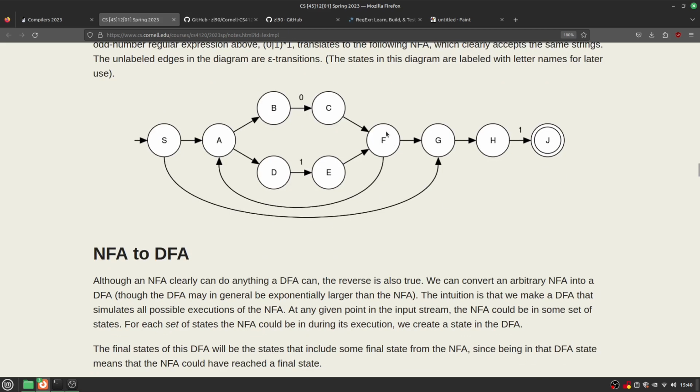So if we go from F to A, we can then get to B and D. If we go from F to G, we can then get to H. Why do we add the second jump?